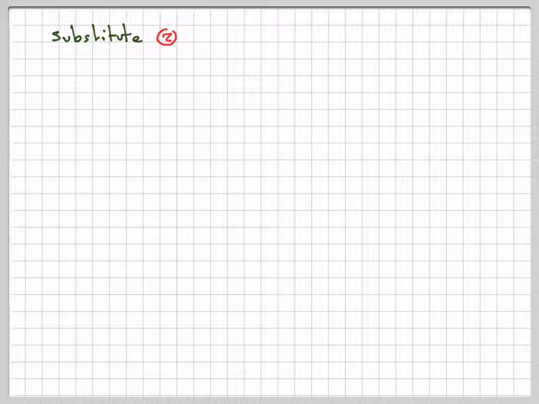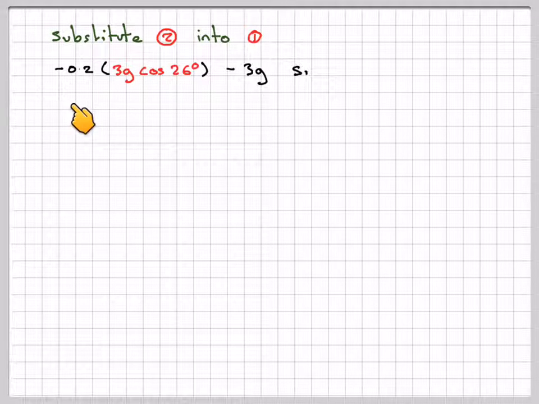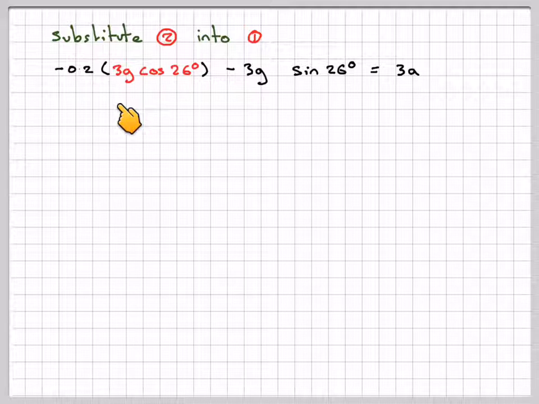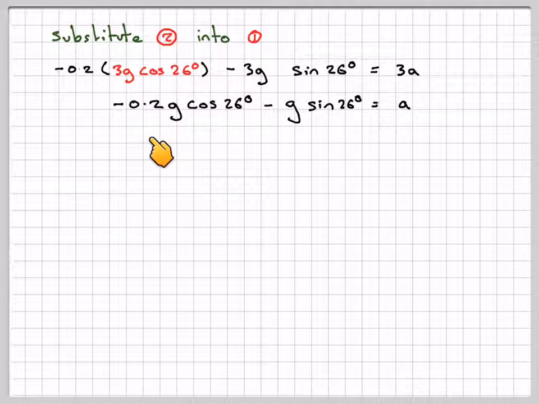So substituting 2 into 1, we're going to have minus 0.2 times 3g cos 26 minus 3g sine 26 is equal to 3a. Now there's a common factor of 3 here, so we're going to cancel out all the 3s, and we'll have a equal to minus 0.2g cos 26 degrees minus g sine 26.